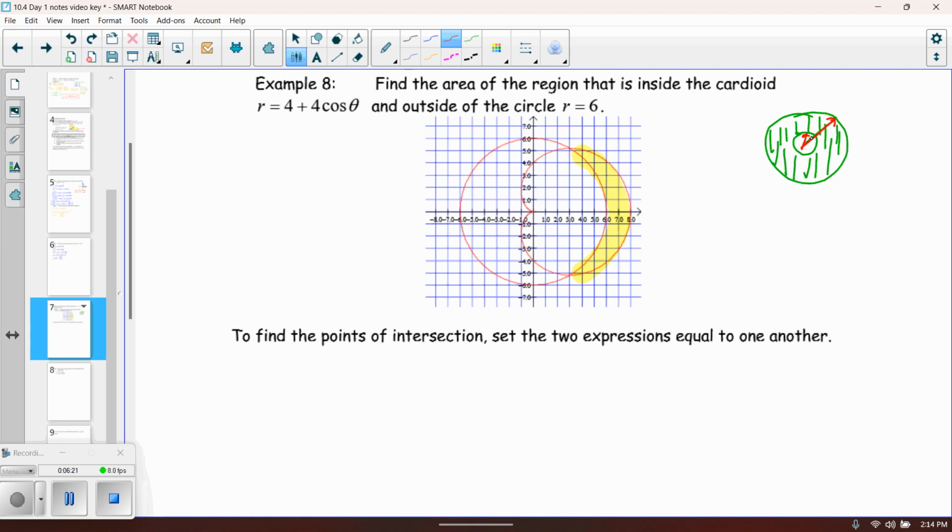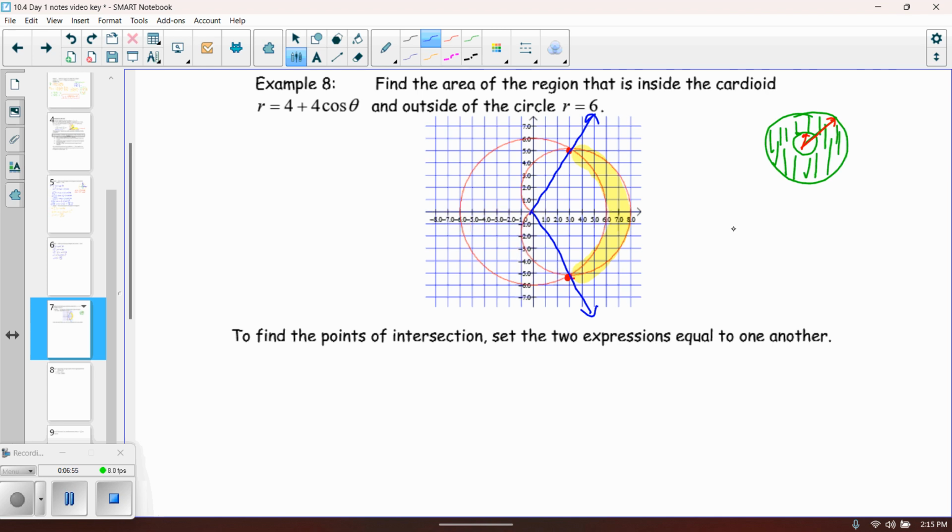Same exact concept. We are going to take the outside radius area and then subtract the inside radius area. In order to do that, we need to figure out what bounds these two things. You should be able to see that there are bounds right here and right there. So we need to figure out what angle creates this and what angle creates that piece right there, and then we can go in between those two.